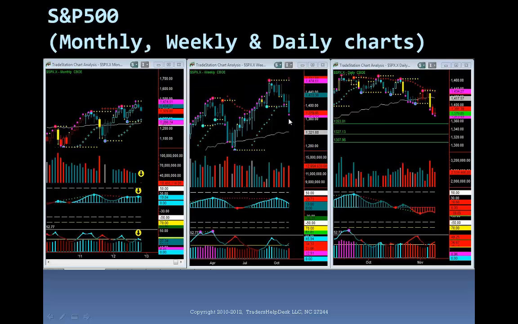Now, at the moment, the only resistance that you will have is this white line, which is the THD IMA, which is right now at 1,321.68. This line might go up and down depending on the force of price. And again, it is too early to say, it's just a weekly chart.